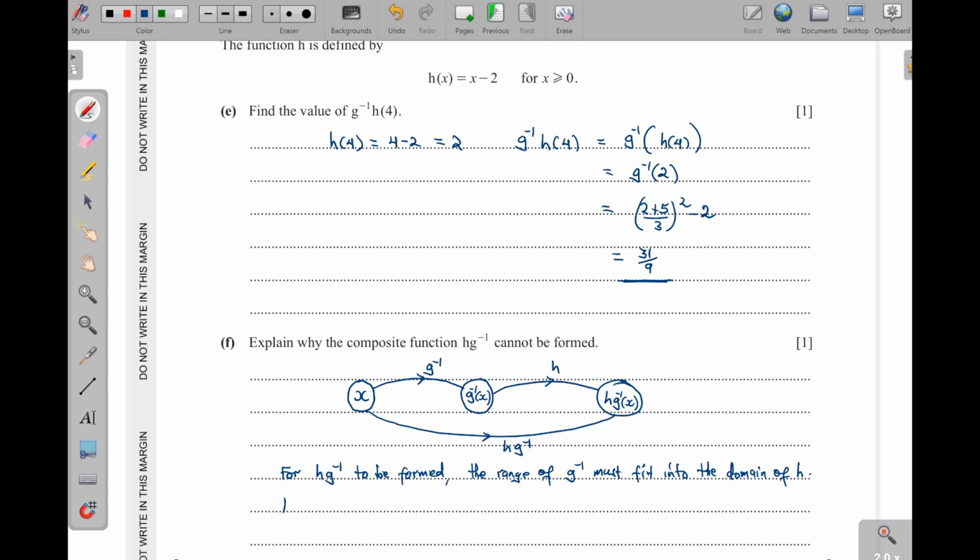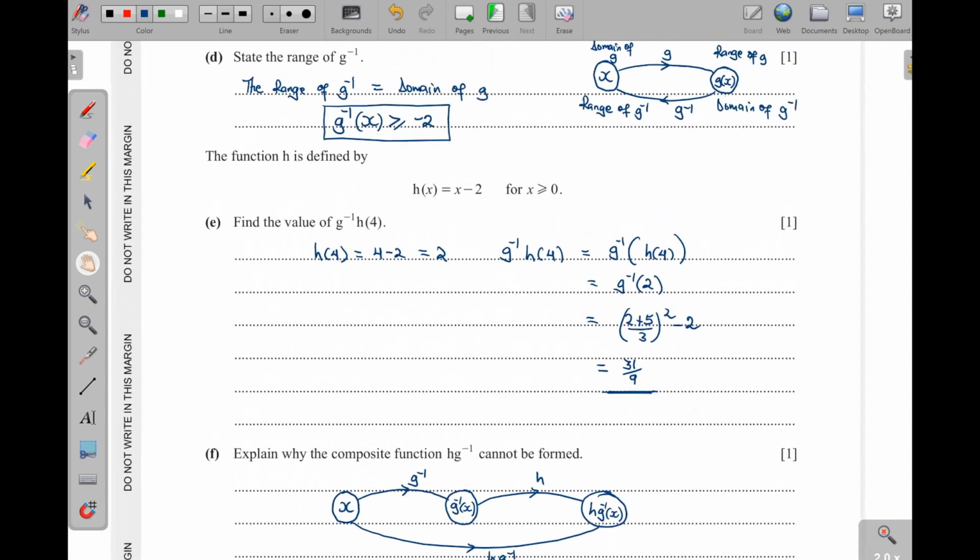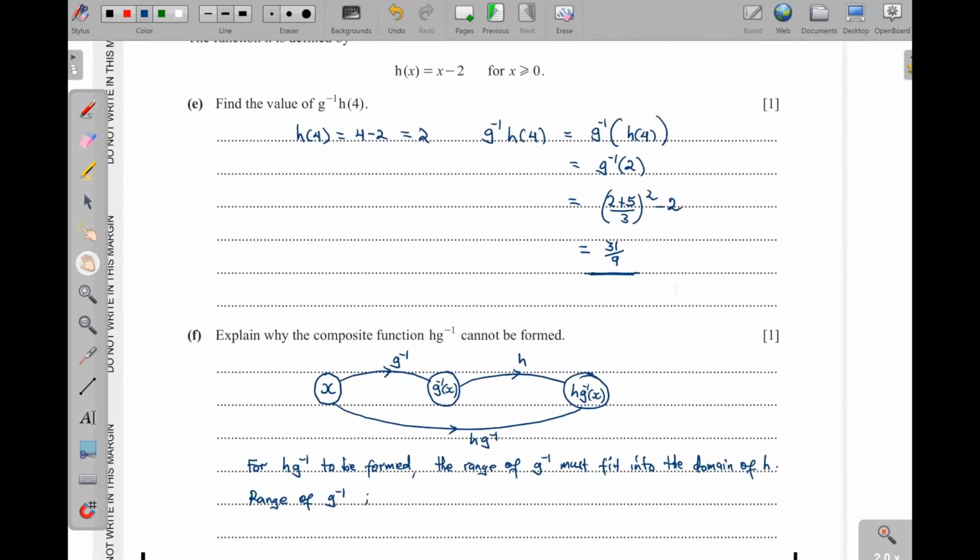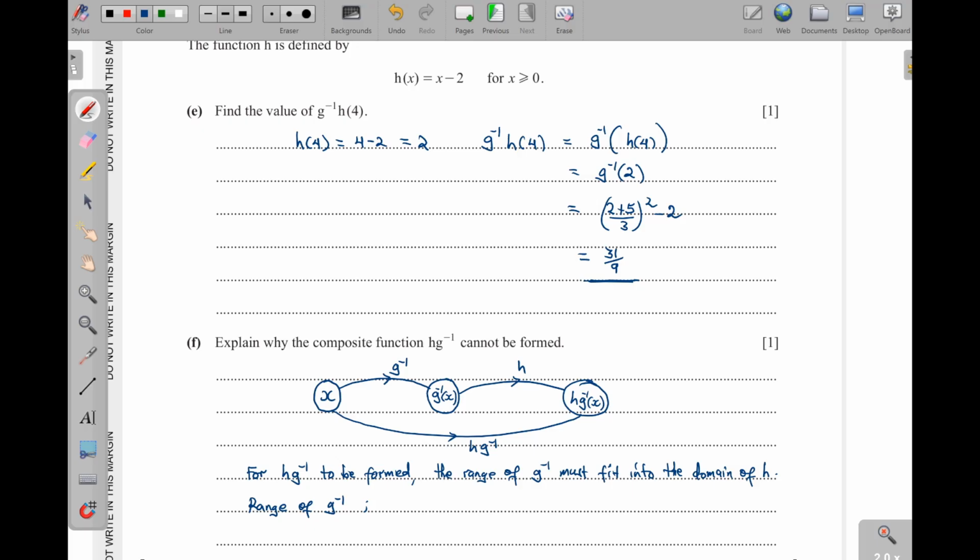Now let's look at range of g inverse. What do we have? We have even just written it here, I think. It is g inverse of x greater or equal to negative 2.